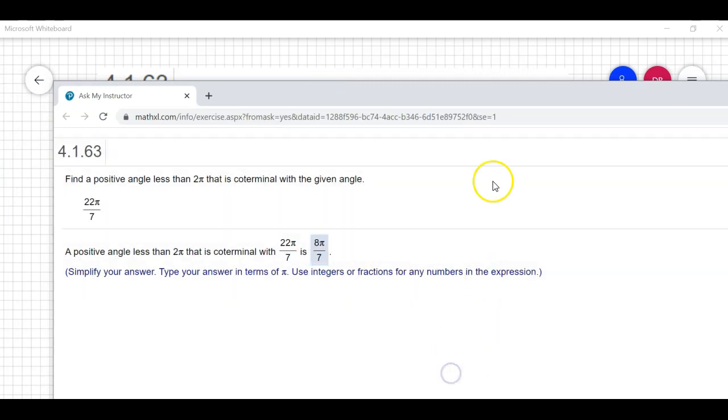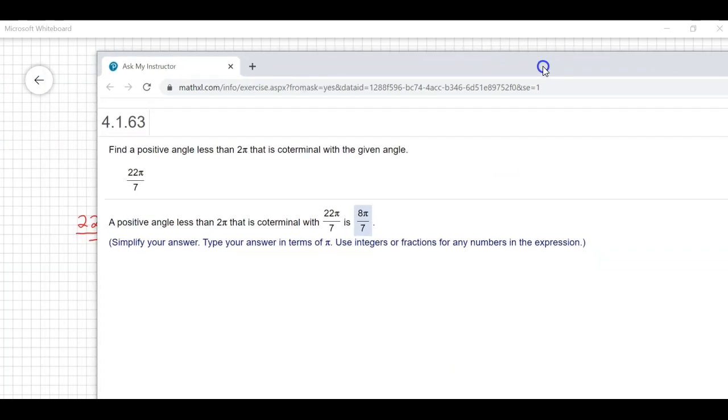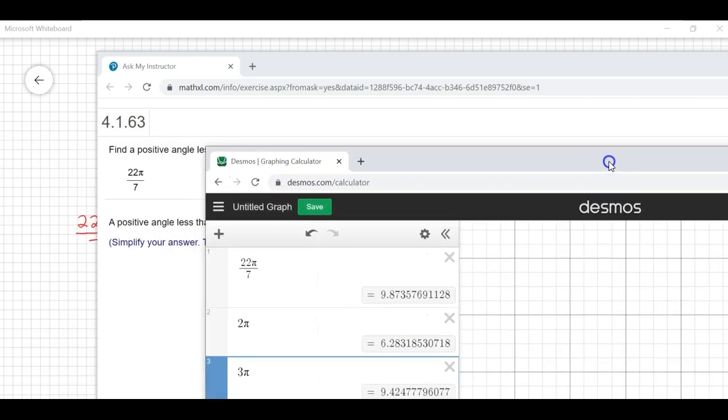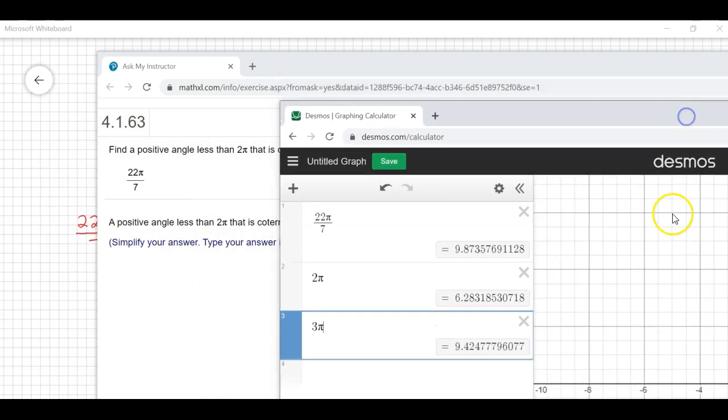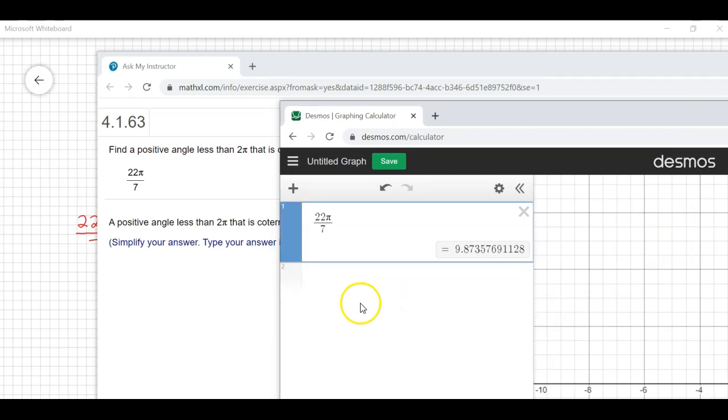Now, how can I do this with technology? How can technology help me do this problem without having to get common denominators? Some people just don't like fractions. Mathematically, if I am subtracting 2 pi from 22 pi over 7, I get this number.